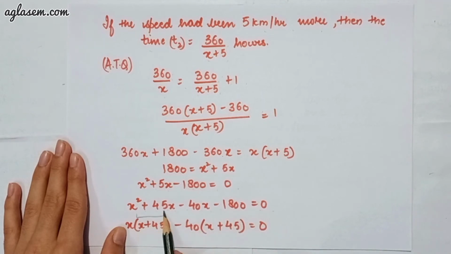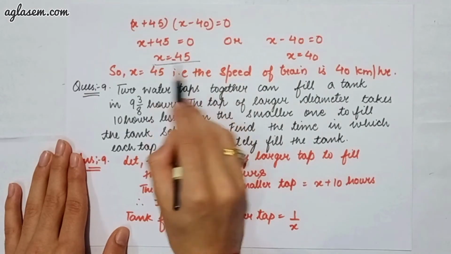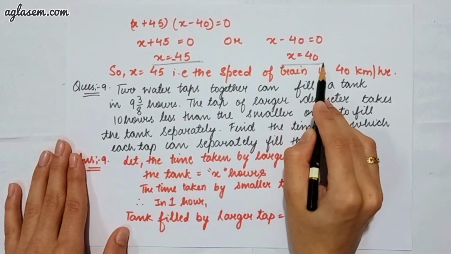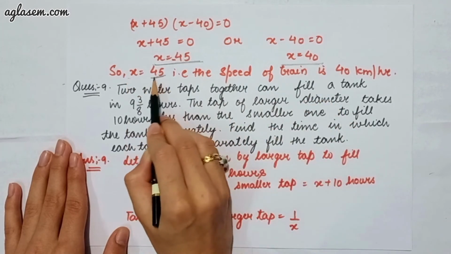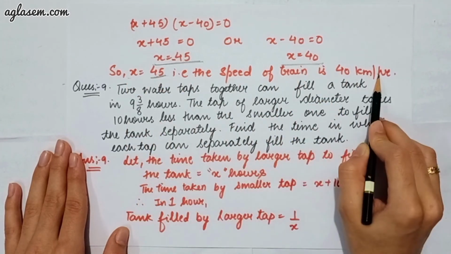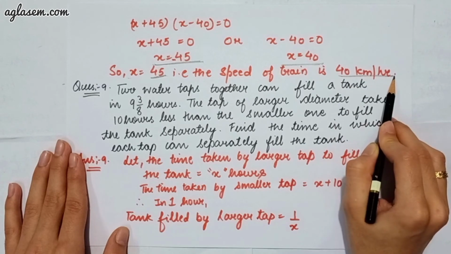Taking common from these two, we will get x, and taking common from these two, we will get minus 40. So here we have x plus 45 and x minus 40. Solving it, we will get x as minus 45 and x as 40. So x is 40, that is the speed of the train, 40 km per hour.